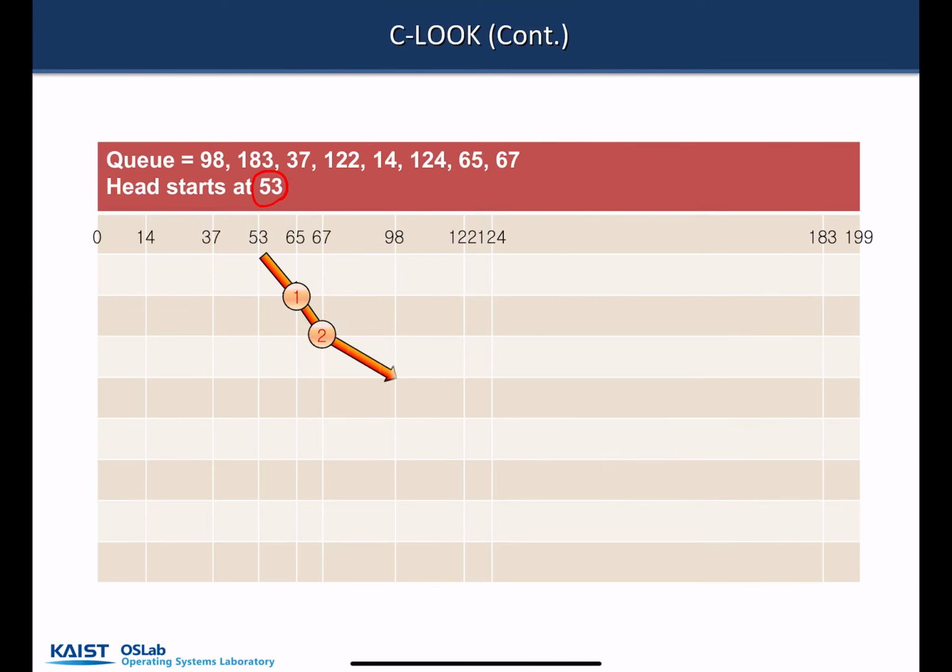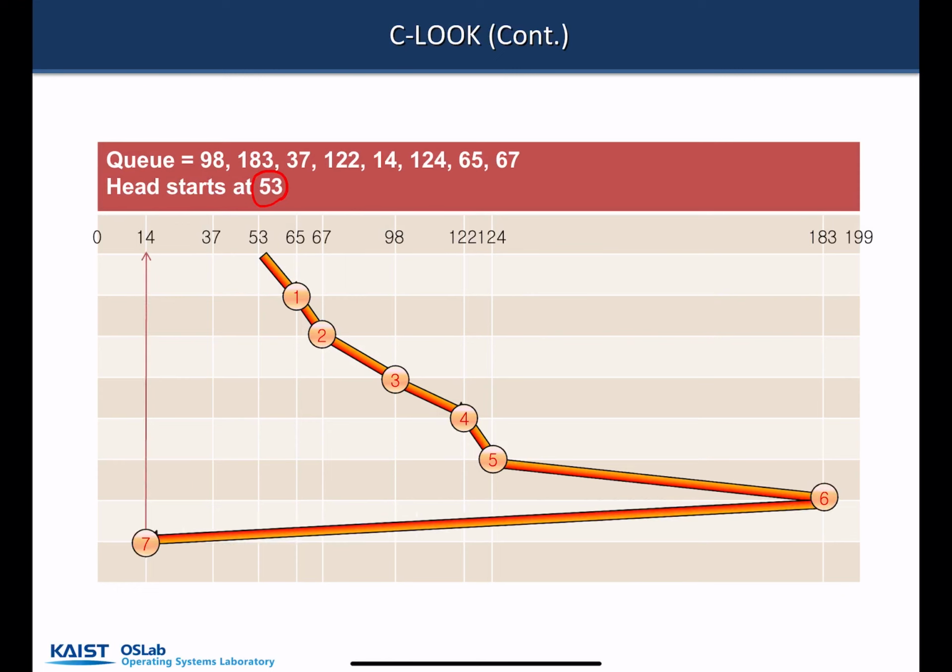It goes in one direction, the outer direction or inner direction, and then it goes to sector 183, and then without going to 199 it immediately returns to the beginning of the cylinder, but instead of reaching the very first track, it goes only as far in as the first request resides, which is sector 14. So this is the end of the C-look algorithm.